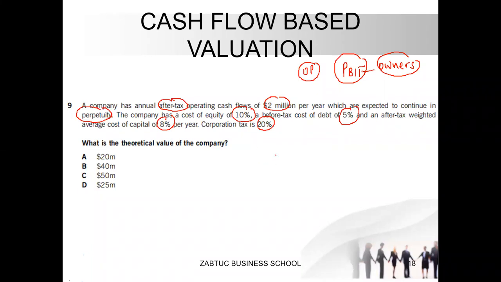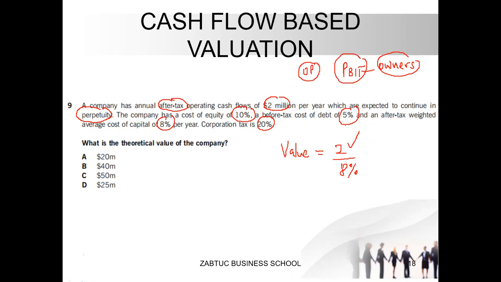What does it mean? To find the value then, remember how to find the value of perpetuity? So you take your 2 million, then you divide by 8%. This money belongs to the shareholders and the bondholders.